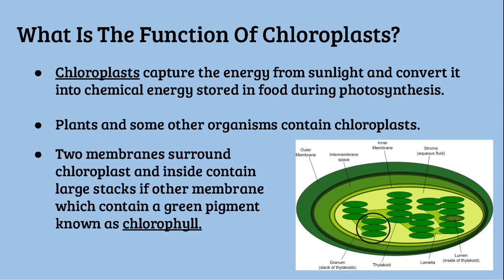Within the chloroplast itself are very specialized internal structures. Notice they have small discs that are specialized to capture sunlight. And within those discs is the pigment known as chlorophyll, which tends to give our plants their green color. Chlorophyll is specialized to absorb sunlight energy, specifically for photosynthesis.